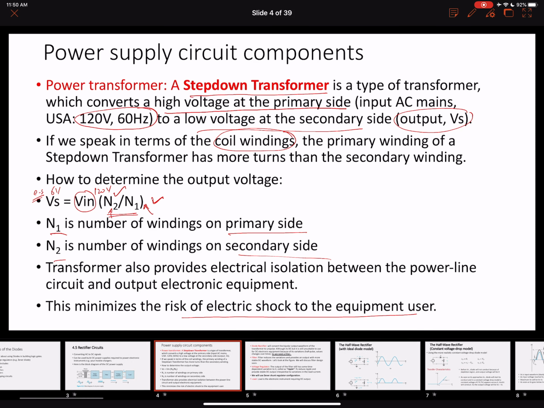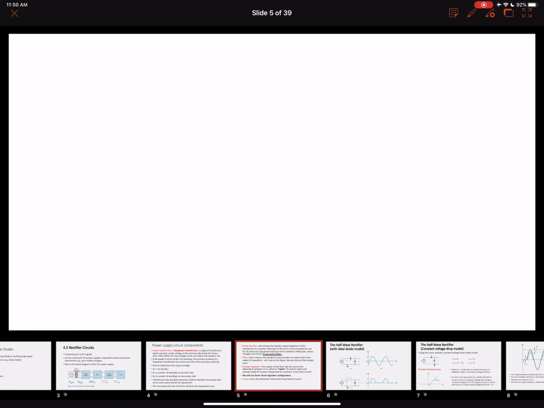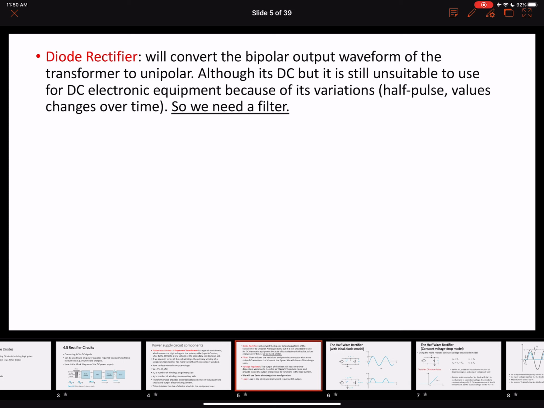Now let's talk about other components. We already discussed that, so I'm going to briefly talk about it as well. Diode rectifier circuit, as I mentioned earlier, rather than having a step down voltage like this, we want to convert that into a DC voltage like this. So this is what our rectifier circuits will do. They will convert a bipolar output waveform to a unipolar output waveform, right?